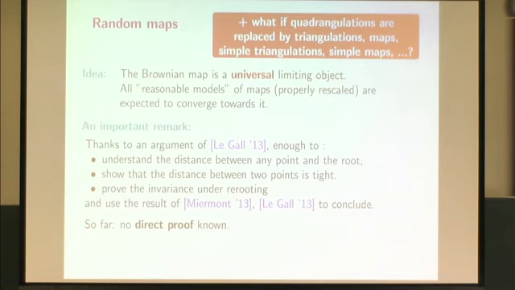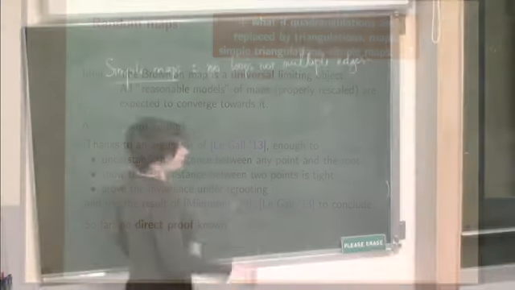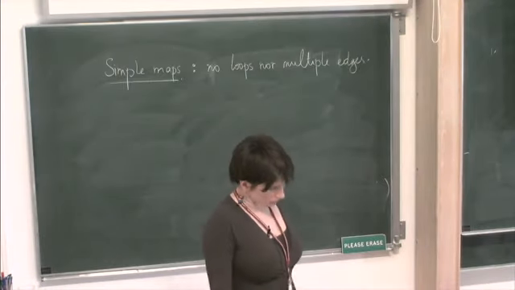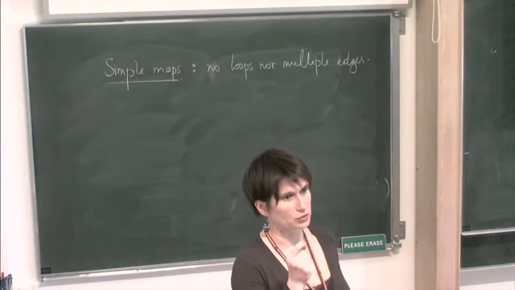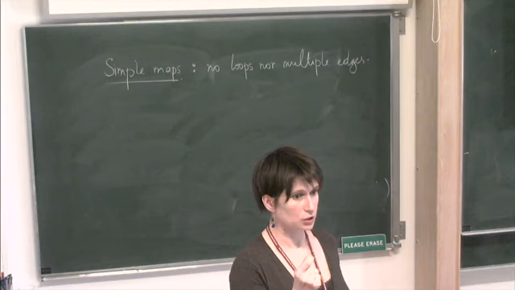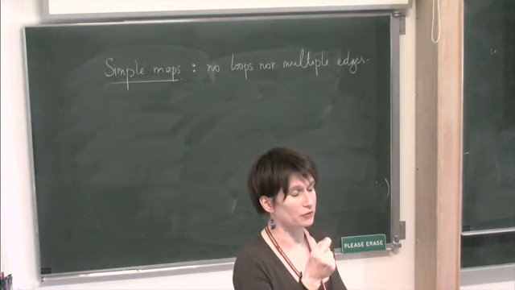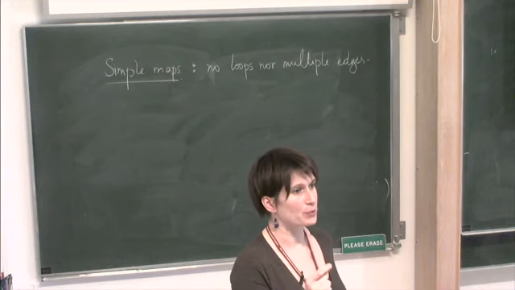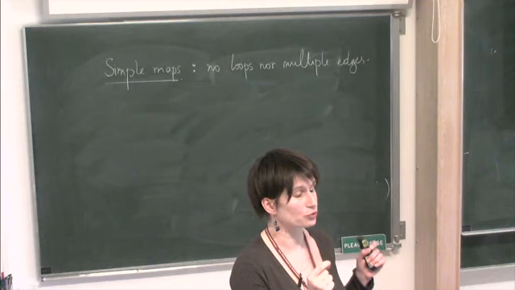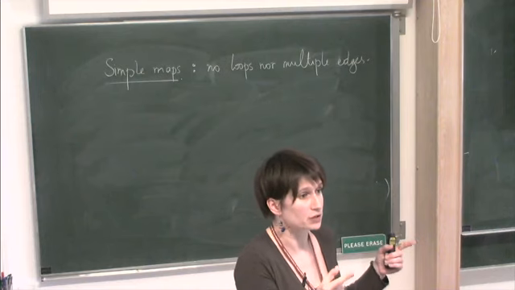Intuitively, if you look at Schaeffer's bijection, the labels on the tree code the distance between a vertex and the root. So you have a good control of the distance between the vertices and the root, but you don't have so good control on the distance between any two other vertices.